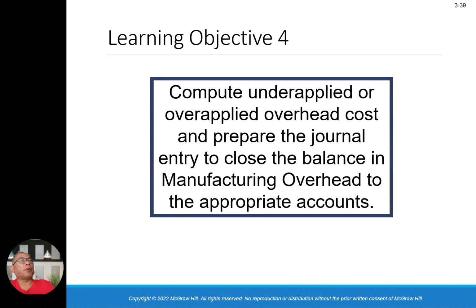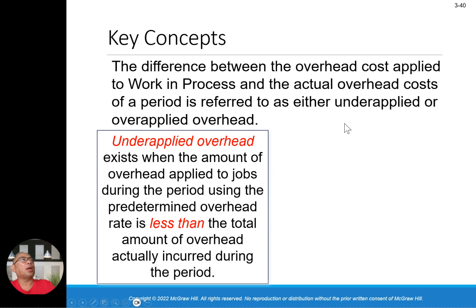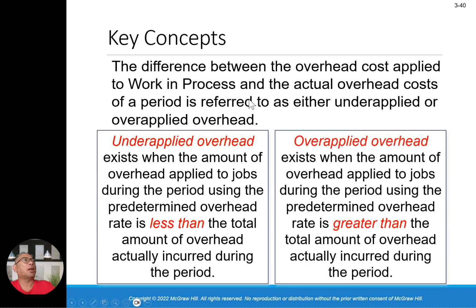Okay. Objective number 4 is to compute the underapplied and overapplied overhead and prepare the journal entry for this. Underapplied overhead exists when the amount of overhead applied to jobs during a period, using the predetermined overhead rate, is less than the total amount of overhead actually incurred in the period. That is called underapplied.